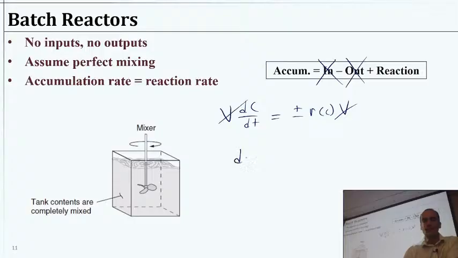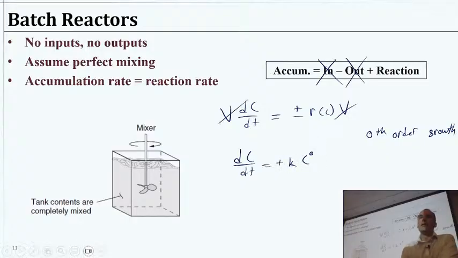We can then say dC/dt is equal to, and we'll take an example, right? We'll take a zero order growth. That would be a positive k times C to the 0 power. dC/dt equals k. My example from earlier, $20 per time, right?